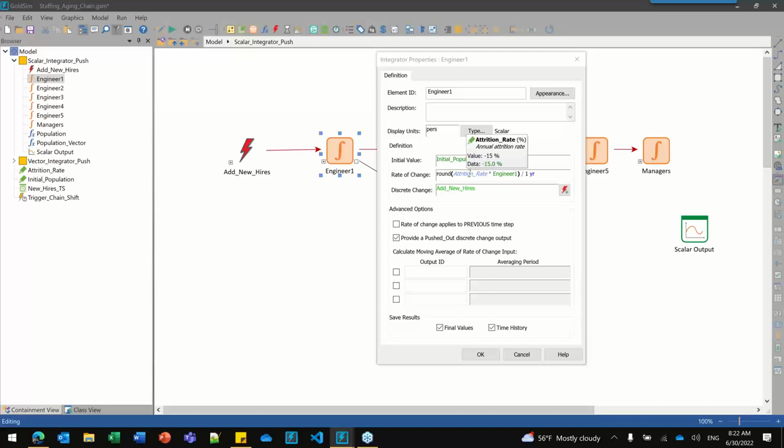cohort. And because 15% times the value that's in here will not end up with a whole number, I've rounded it, but you don't really have to do that. We're still going to end up with decimals at some point in this model. And you can't have a decimal or a fraction of a person, right?